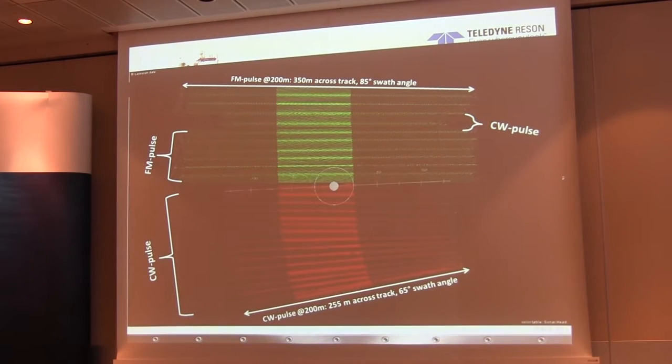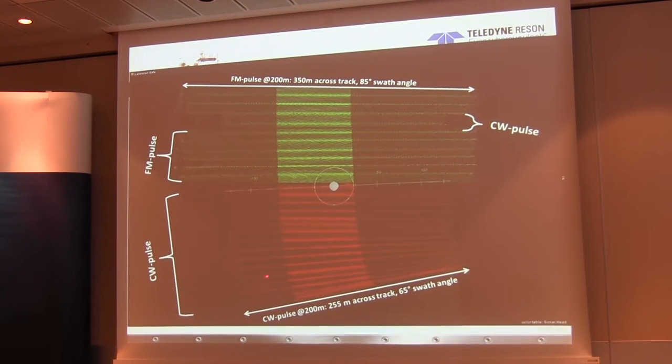So that's using the FM for X-range. This was collected during a survey in the Caspian Sea, and you're flipping between the CW and the FM pulse. I'm now in 200 meters of water, using 400 kilohertz. Normally you wouldn't use this frequency at these depths, but this was part of a different trial.